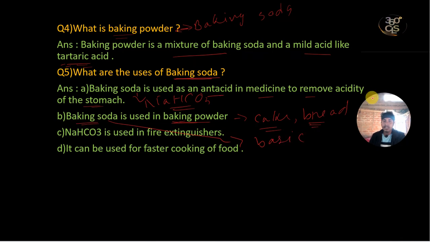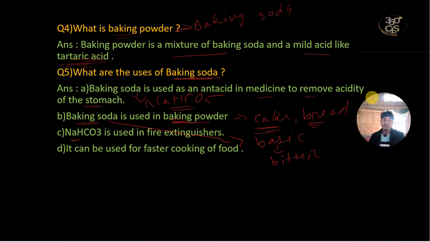and the taste is bitter. So if we use baking soda in this, the taste will be bitter. That's why we use baking powder, which is a mixture of mild acids like tartaric acid, and this acid neutralizes the sodium carbonate released during the heating of sodium hydrogen carbonate.